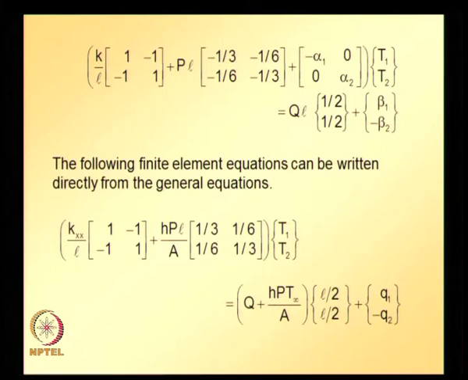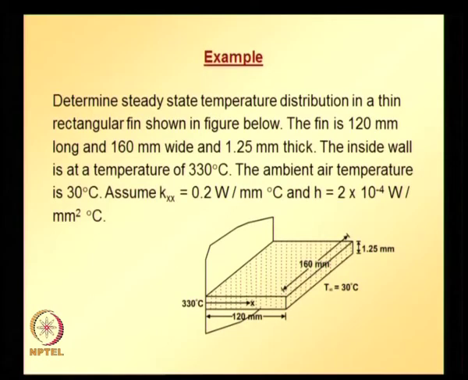Now, let us take an example. Determine steady state temperature distribution in a thin rectangular fin shown in figure below, which is shown there. The fin is 120 mm long and 160 mm wide and 1.25 mm thick.